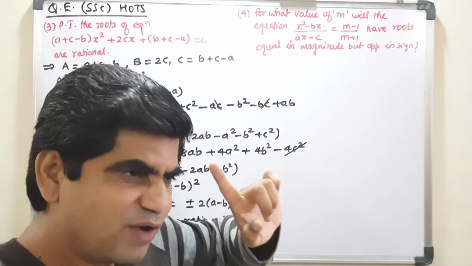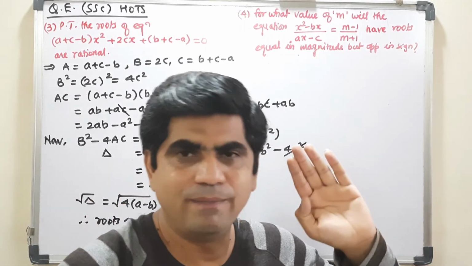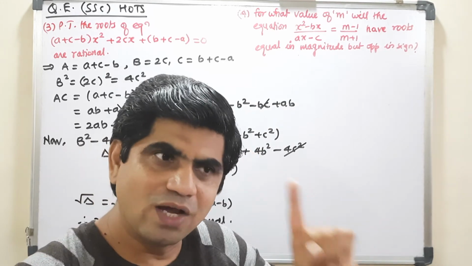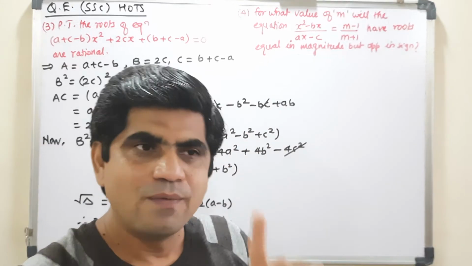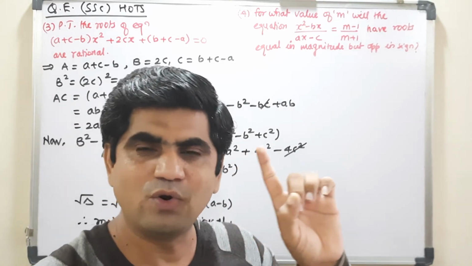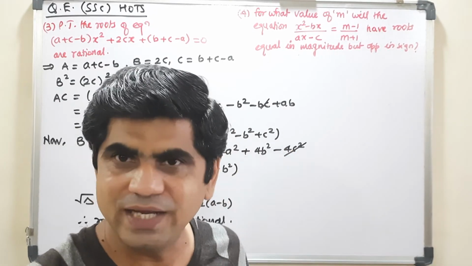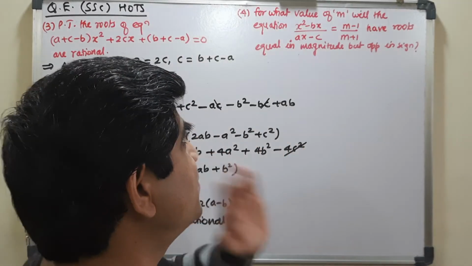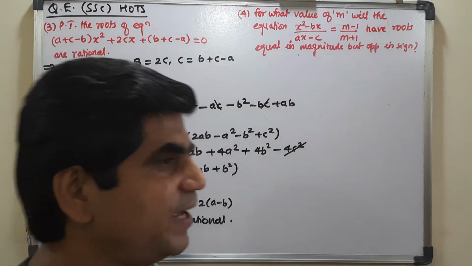That means if one root has magnitude 10, the other root also has magnitude 10, but one root will have plus sign and the other a minus sign. That means one root will be plus 10, the other will be minus 10, in simple language. So how do I come to know what should be the value of m?